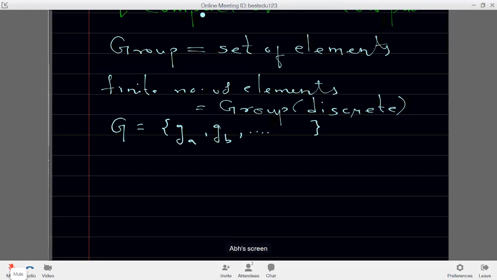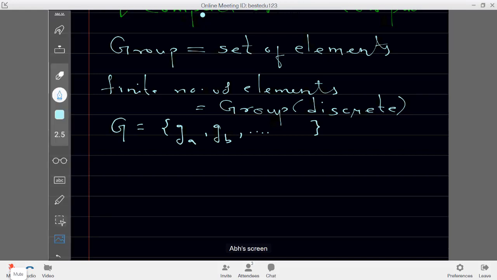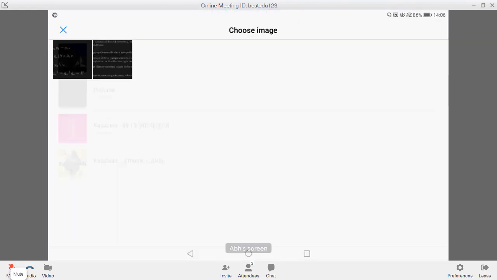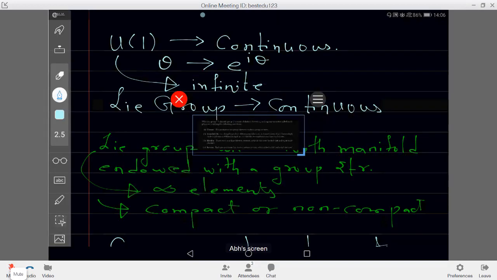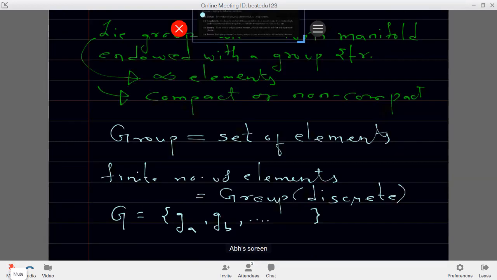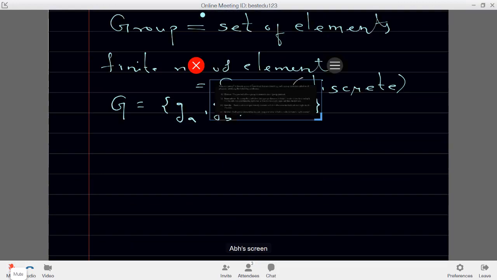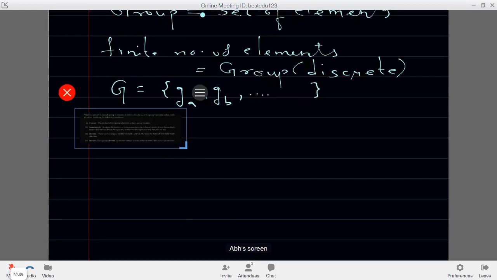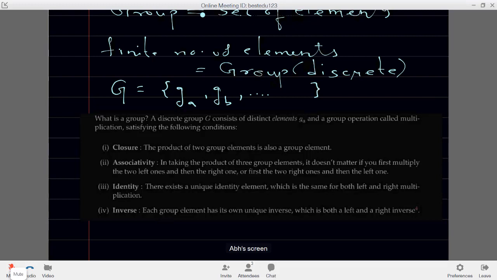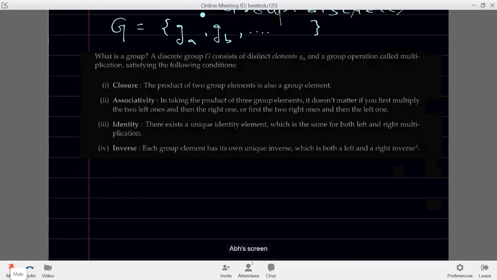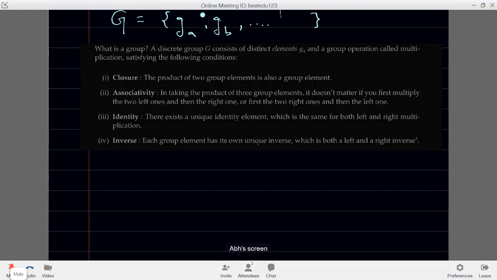Now, the formal definition of group, let me put it here. Okay, take a quick reading of this definition of group. It should follow the following properties.